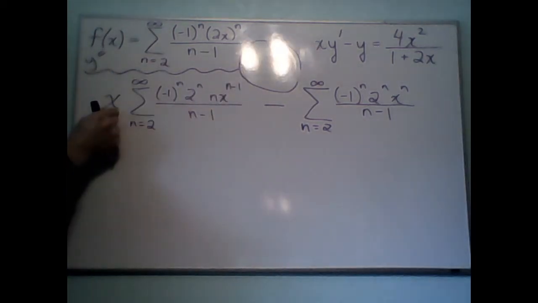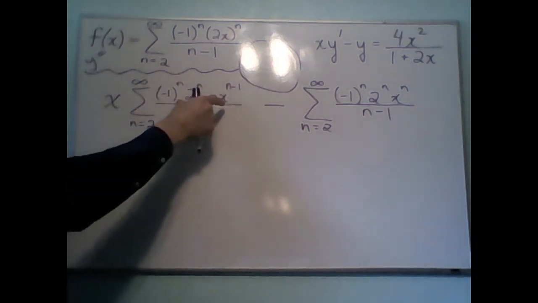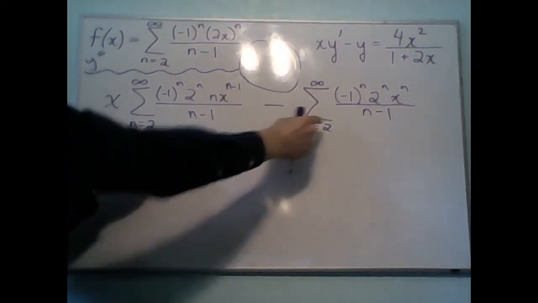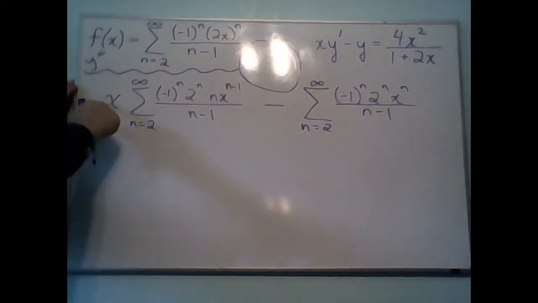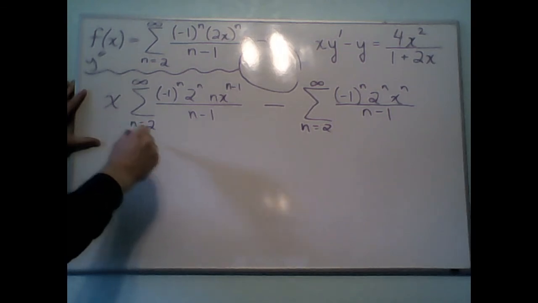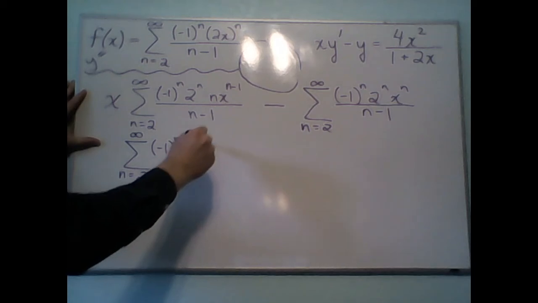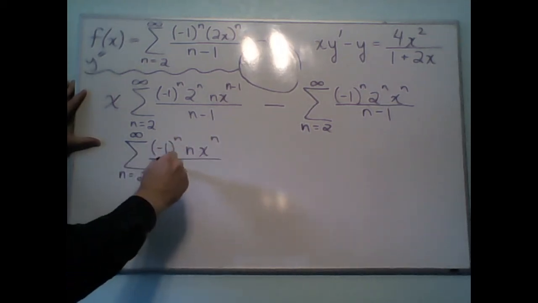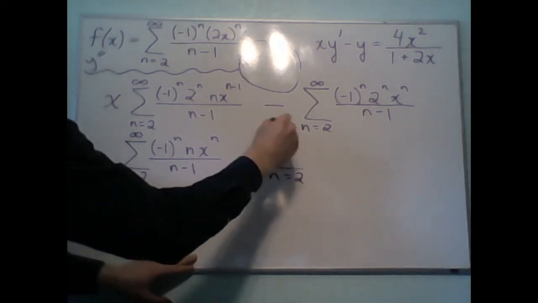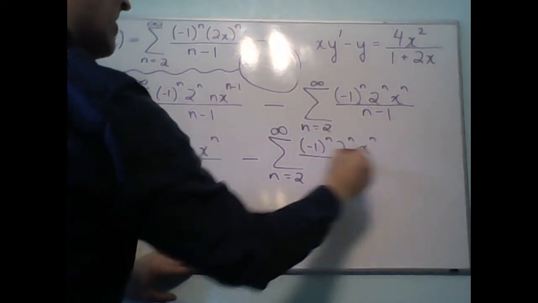First thing I need to do is bring this x inside and make it part of the summand, and then I'd like to combine these two sigmas into a single sigma. So I'll bring this x inside. It looks like now the sum from n equals 2 to infinity of negative 1 to the n, n x to the n over n minus 1, minus the sum from n equals 2 to infinity, negative 1 to the n, 2 to the n, x to the n, divided by n minus 1.